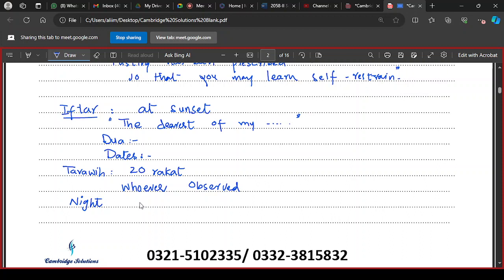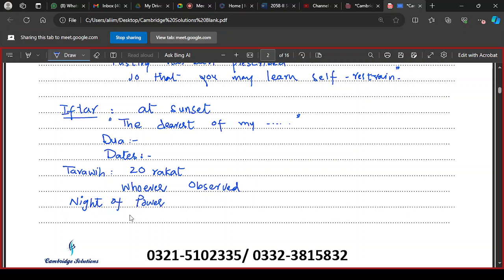The worship of this night is better than 1,000 months, and on this night the Quran was revealed.